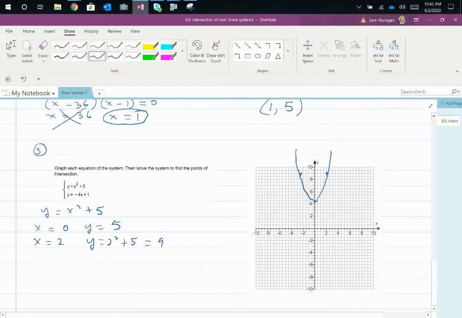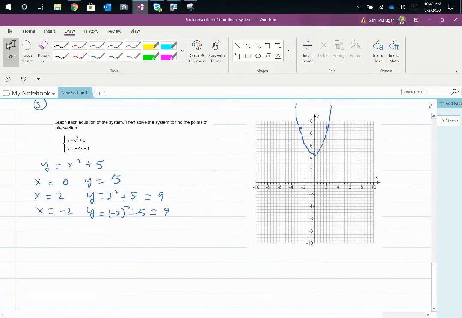Okay, and then the second part of this is y is equal to negative 4x plus 1. So you can do this with intercepts. When x is equal to 0, y is equal to 1.